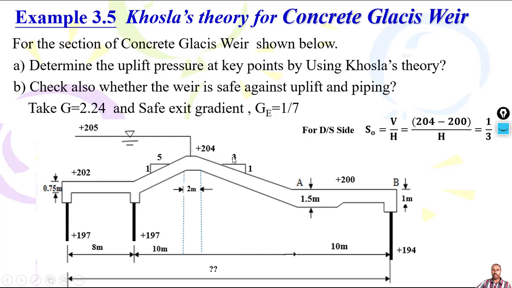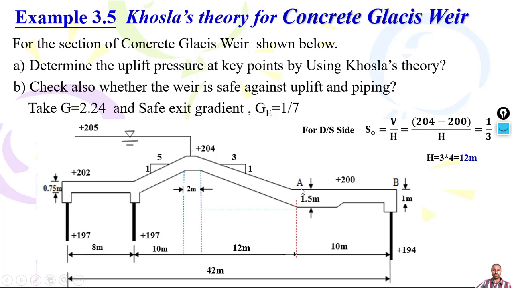So the vertical increment is 212.4 minus 200, divided by the horizontal, and the slope is given as 1 to 3. Cross-multiplying gives 12 meter, which is this one. Once you get 12 meter, the total floor dimension will be the summation of 10 plus 12 plus 2 plus 10 plus 8, which gives you 42 meter. So this is the total floor dimension.